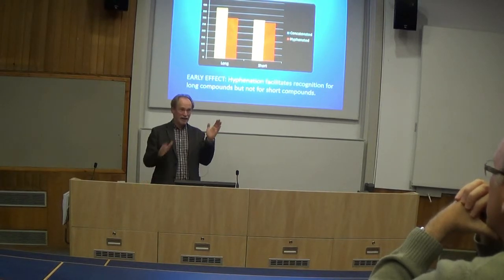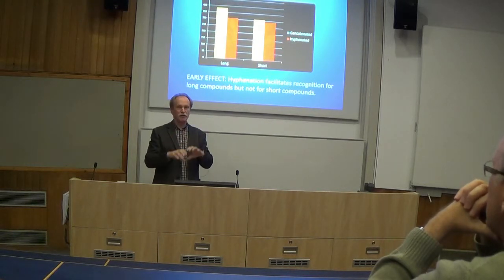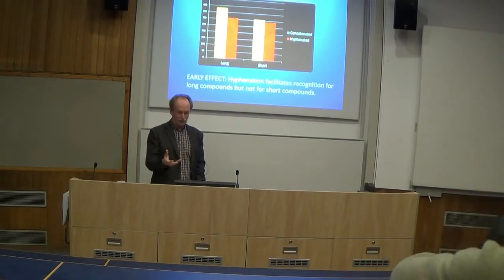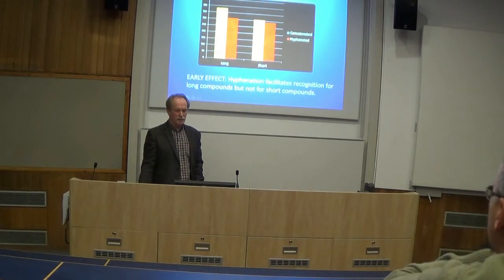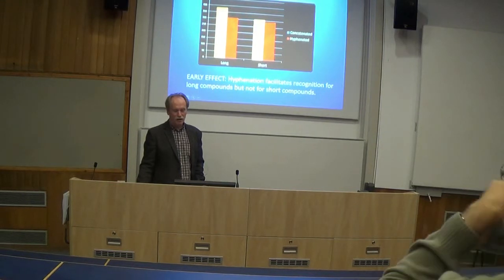We separated out the first constituent and the second constituent, and used the first component as the area of interest. So that was an index of a rather early effect. What you see here is that hyphenation facilitates recognition for long compounds.